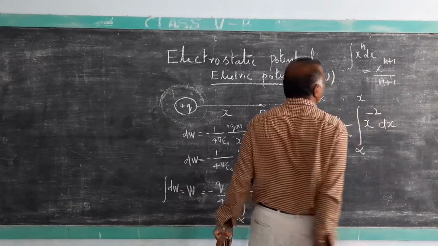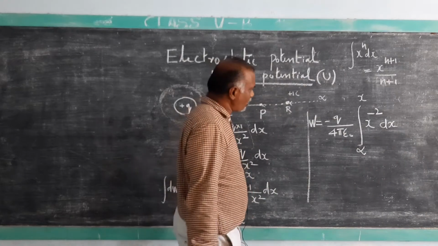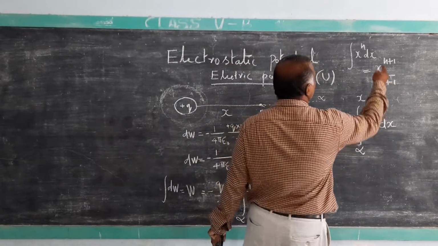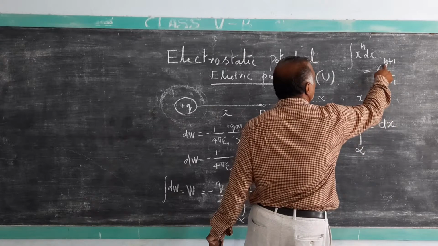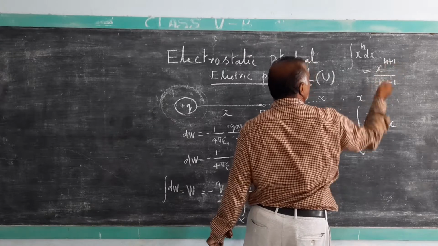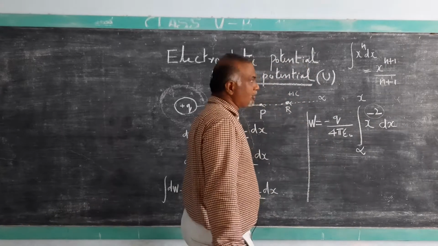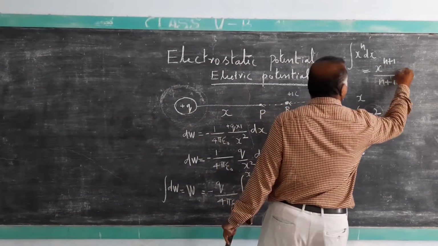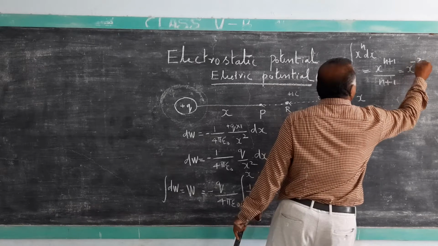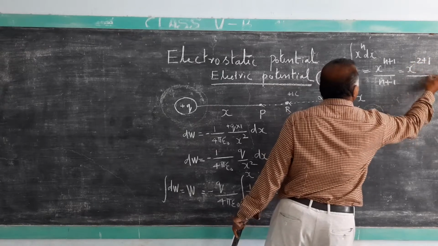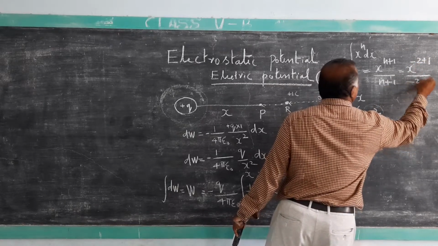C we do not forget. So we have to substitute n as minus 2. So x to the power n is x to the power minus 2 plus 1 divided by minus 2 plus 1.